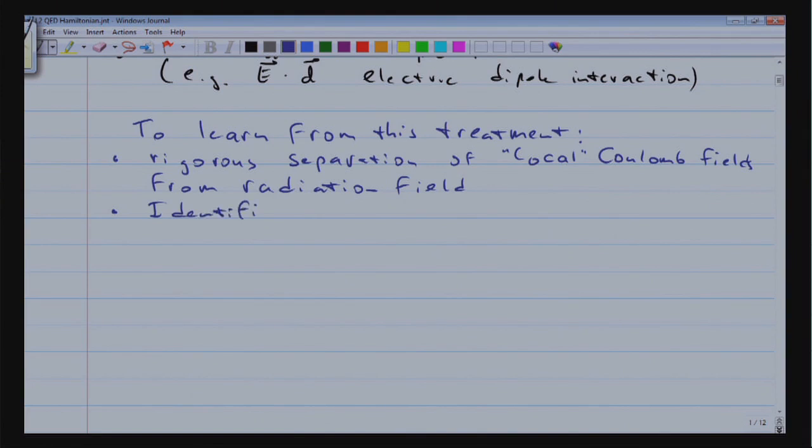So we'll spend some time on the identification of truly independent field components, or degrees of freedom, of the electromagnetic field.